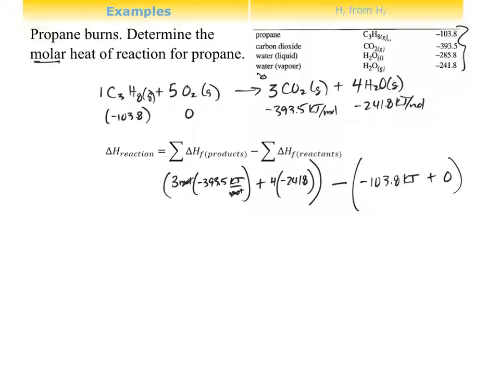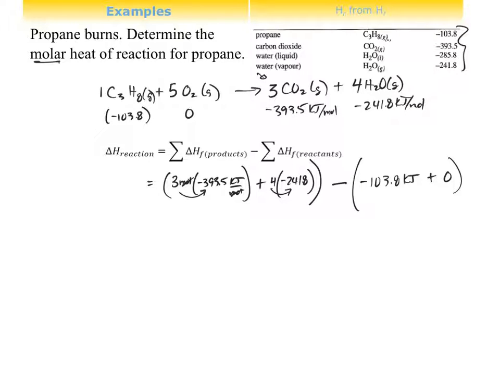Okay, so now I can just plug this into my calculator. If you want to multiply that through and this through first to come up with a number, you can. But as long as you're pretty good with your calculator, putting brackets in where you should, you'll be all right.